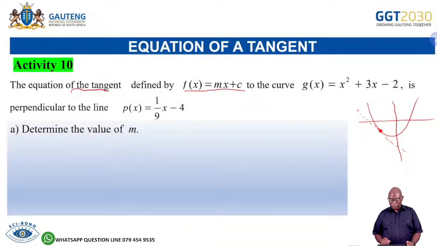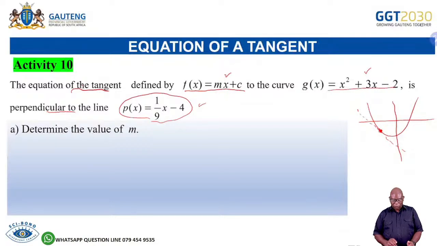That is the equation of the tangent to this curve here. And they say that equation is perpendicular to this line. You see, there's so many things here. The equation of the tangent is given, the curve is given, and there's a line again which is perpendicular to that. So they want us to calculate the value of m, the gradient.